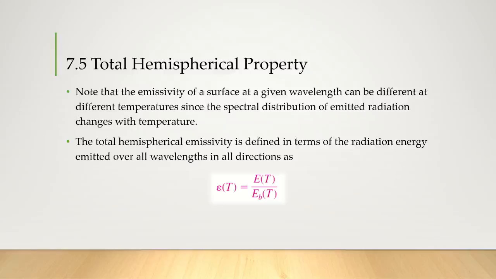The total hemispherical emissivity is defined in terms of the radiation energy emitted over all wavelengths in all directions, as the equation below shows.